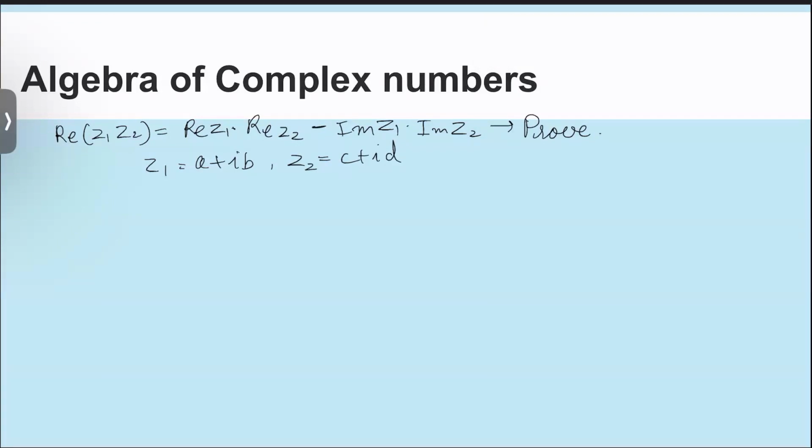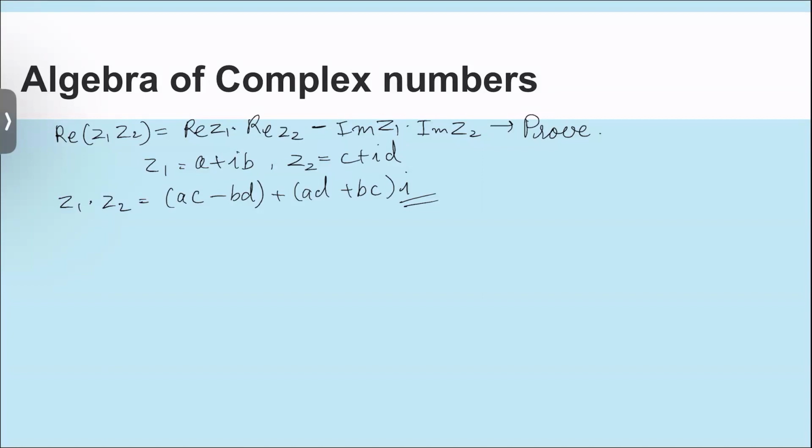Now, if you remember, the product Z1 Z2 is equal to (ac minus bd) plus (ad plus bc)i. This is something that we know. Now let's take the real part of the product Z1 Z2.